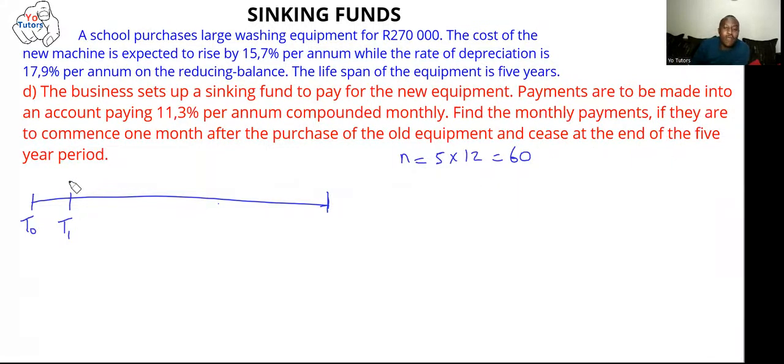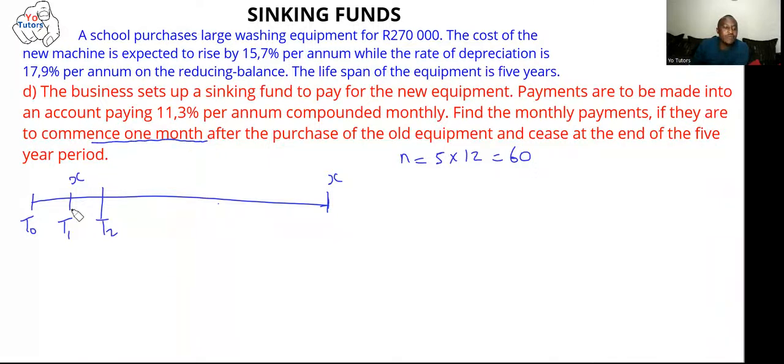So the payment starts one month after. That's our X there, starting there and also ending there. So we don't need to stress to add 1 because the payment is not starting immediately. The payment starts 1 month after. That's what matters here.